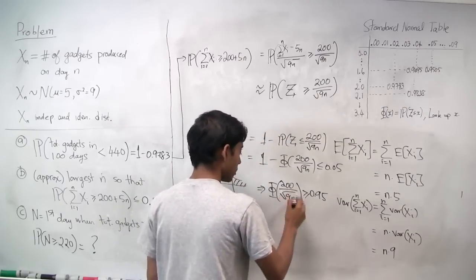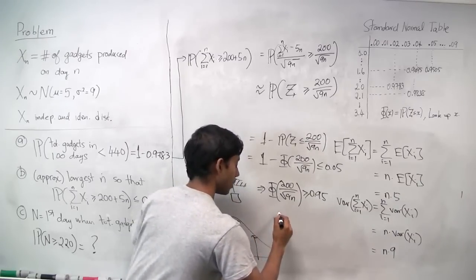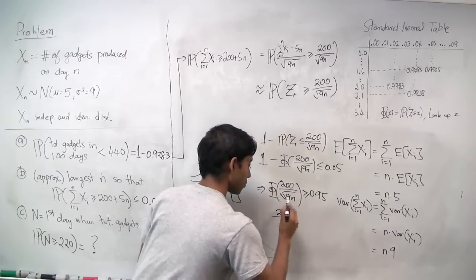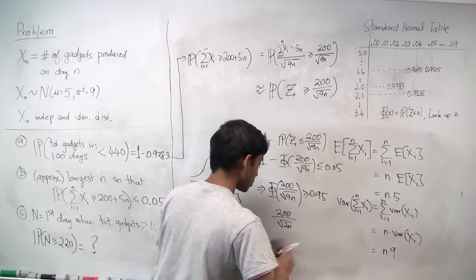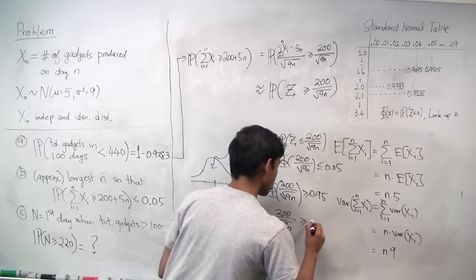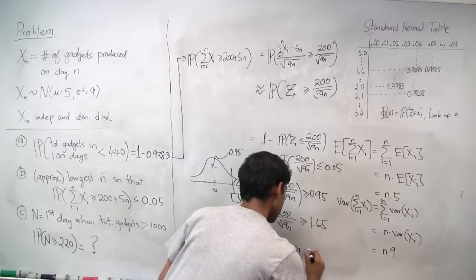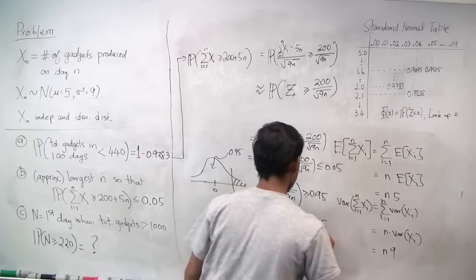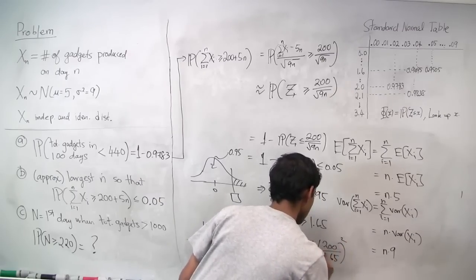And so we want this thing, which is going to be 200 over square root of 9n, to be bigger than or equal to 1.65. So n here is going to be less than or equal to (200 over 1.65) squared times 1 over 9.